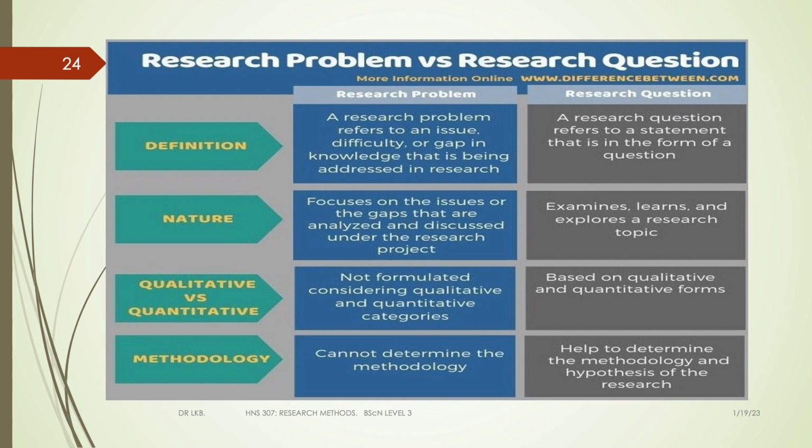The research question looks at the same content but in a question form. Research problem focuses on the issues or gaps that are analyzed and discussed, while the research question usually looks at how to explore a research topic.